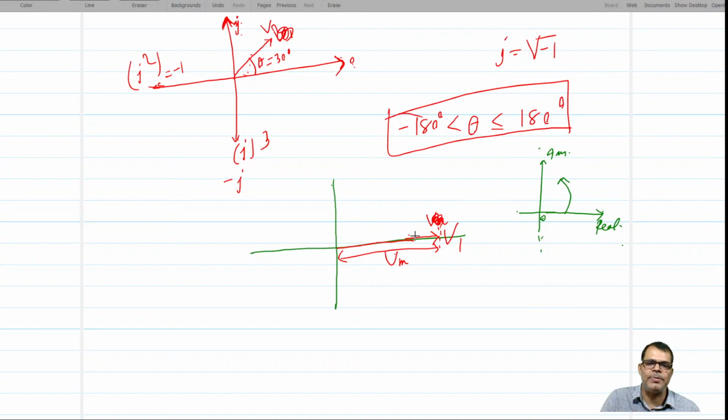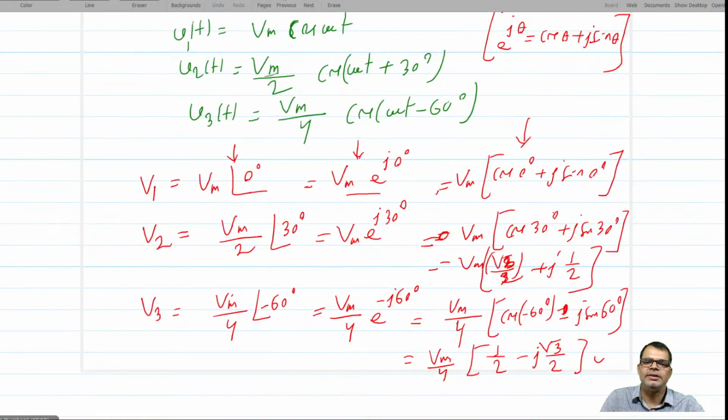Now we will represent V2. V2 is half of this, Vm by 2, but the angle is 30 degree. This is your V2 at 30 degree. Now V3.